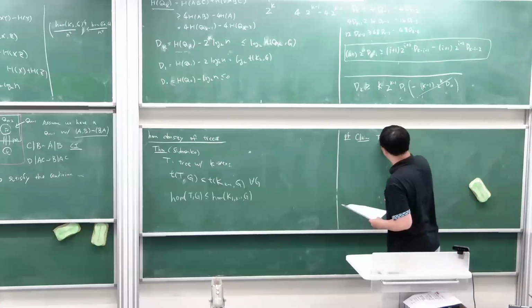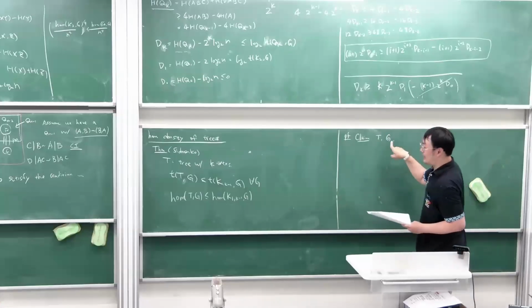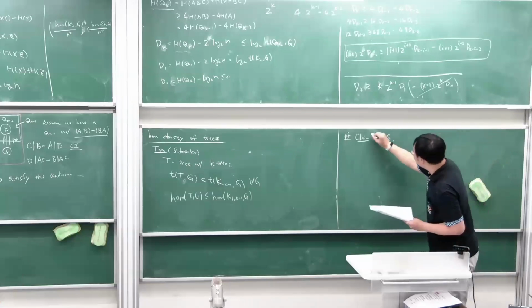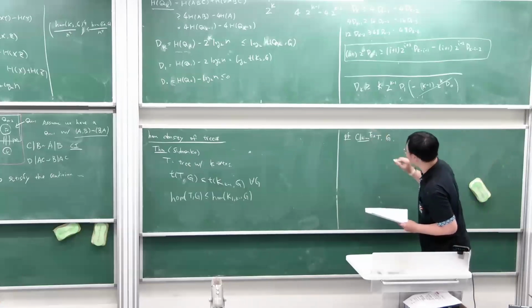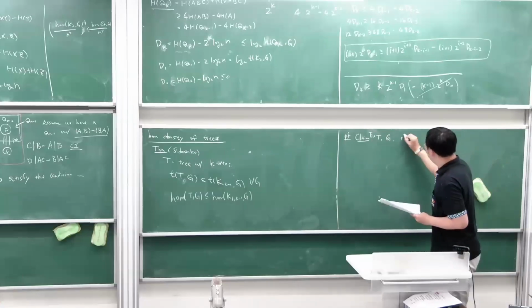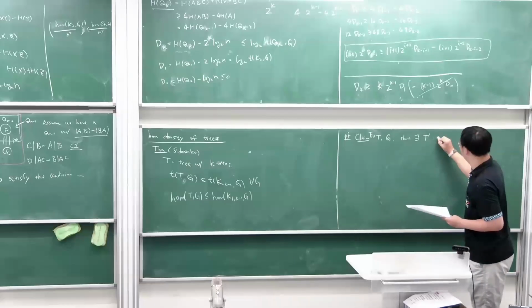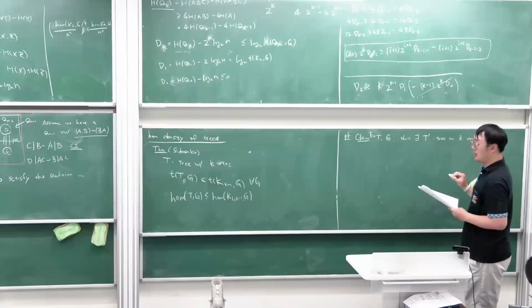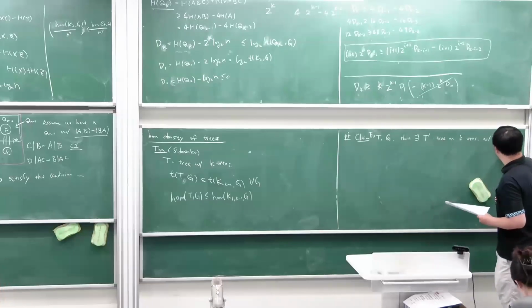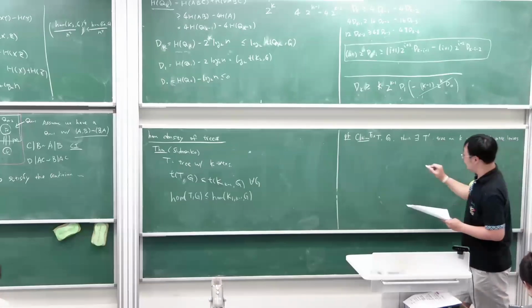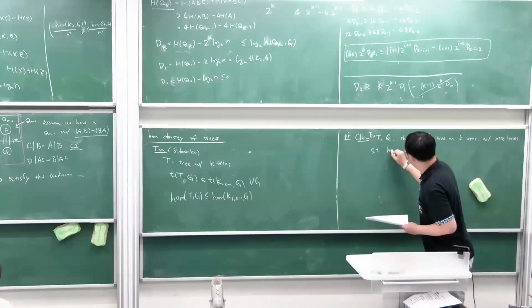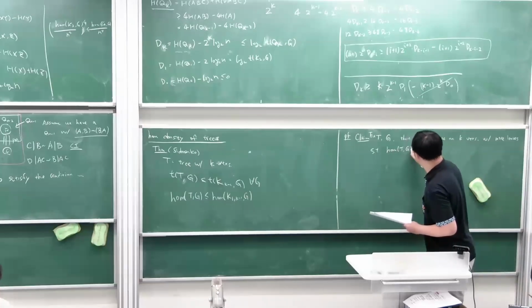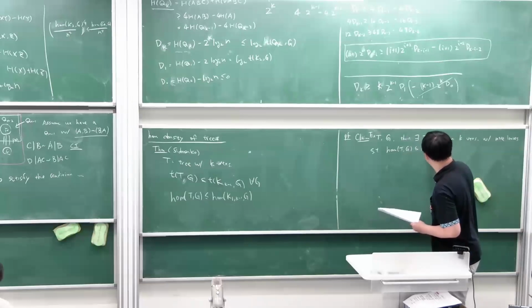So let's say you fix a tree T and a graph G. Then there exists a tree T prime with more leaves, such that the hom from T to G is less than or equal to the hom from T prime to G.